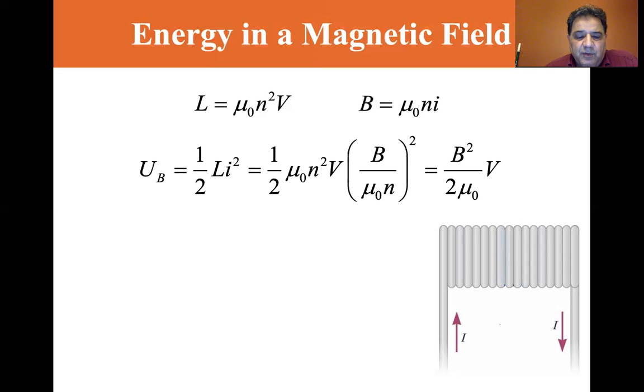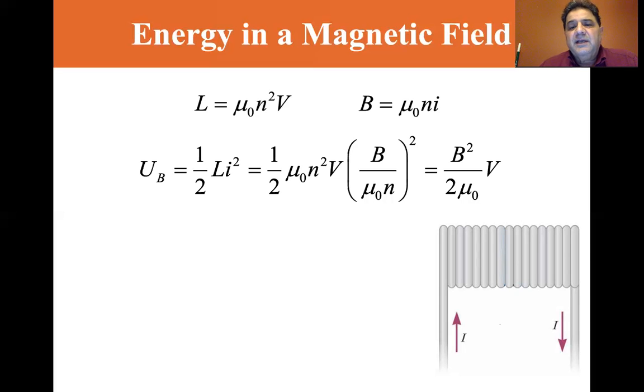So U_B equals 1/2 L I squared. We take the L and we substitute mu 0 n squared V, and we take the I, and it's B over mu 0 n, but it's I squared, so it's B over mu 0 n, squared.